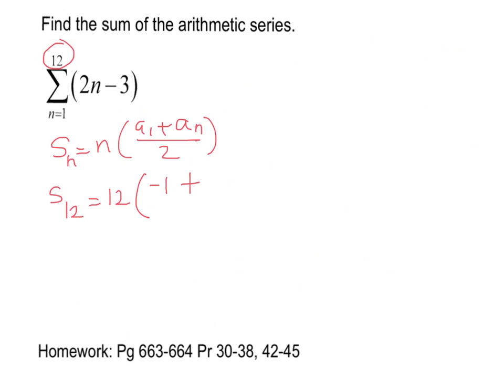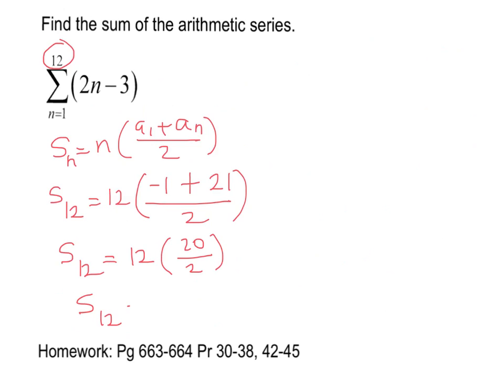So 2 times 12 is 24, minus 3 is 21, over 2. So the sum of the first 12 terms will be 12 times 20 divided by 2. So the sum of the 12 terms is going to be 12 times 10. And finally, the sum of the first 12 terms is going to be 120.